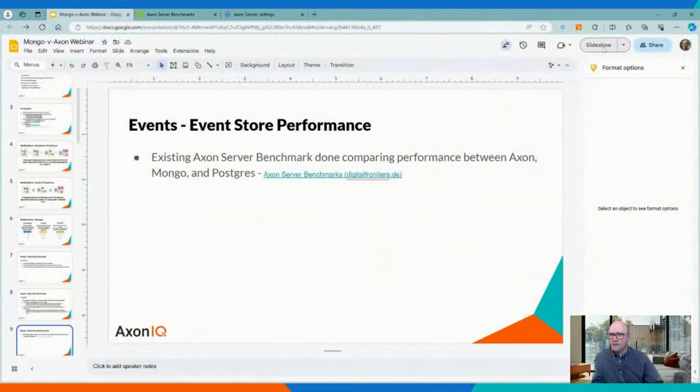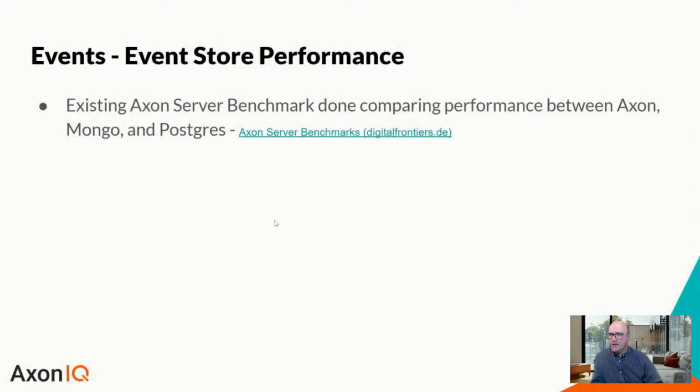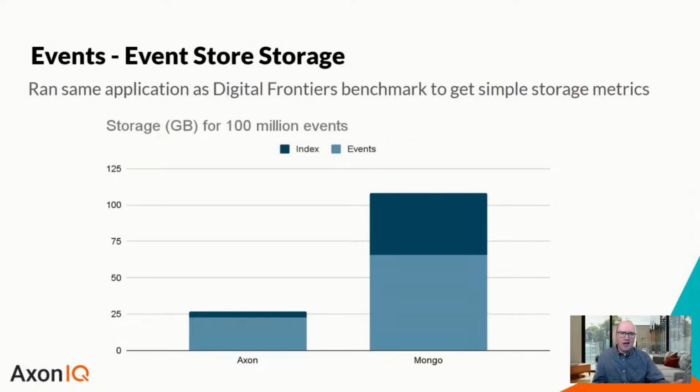All right, so we'll get back to things. The one thing that we did not get out of the Digital Frontiers performance benchmark was how much disk space Mongo takes to store the same number of events as Axon. This is about a 4-to-1 from what we ran here.